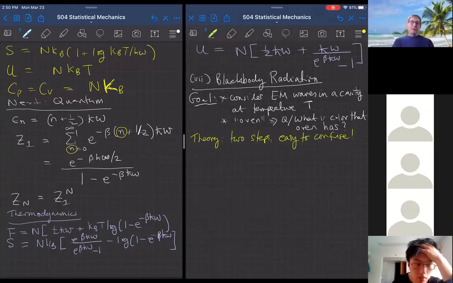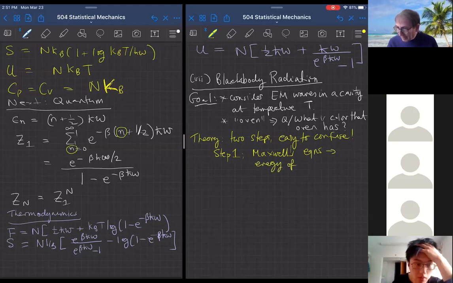So the first thing we're going to do, as always in statistical mechanics, is solve a mechanics problem. And the mechanics problem that we're going to solve is the mechanics of electromagnetic fields. So step one is solve Maxwell's equations. And from Maxwell's equations, what we're going to get is the energy of each normal mode of the electromagnetic wave.